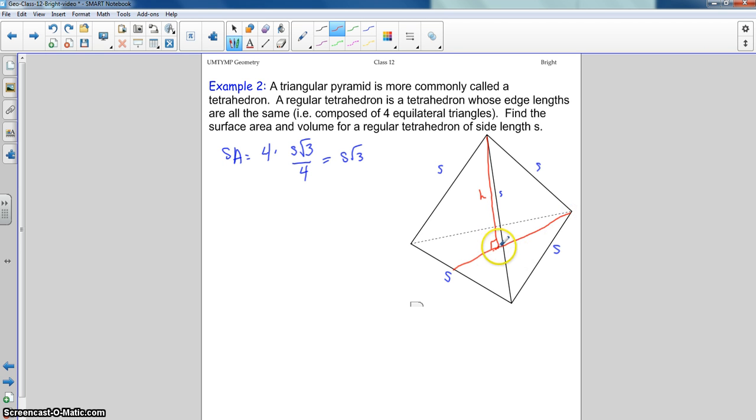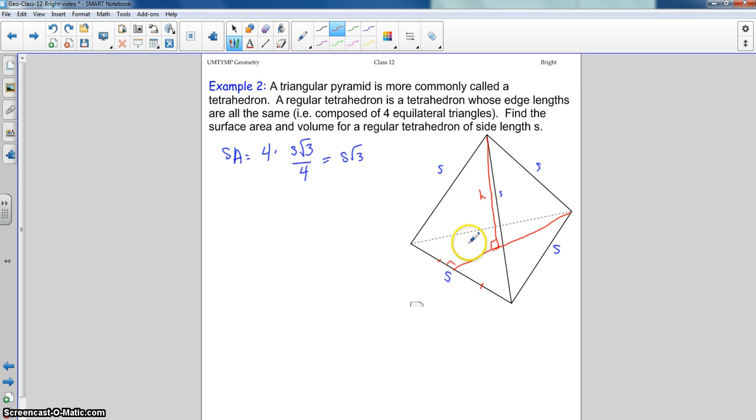Okay, now remember that the centroid of an equilateral triangle is the intersection of the medians, the intersection of the altitudes, intersection of pretty much everything, the intersection of the angle bisectors, all that good stuff. So in this case, it would make 2 congruent segments. This would be a right angle as well.